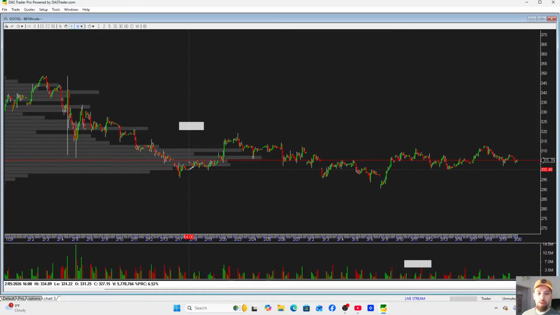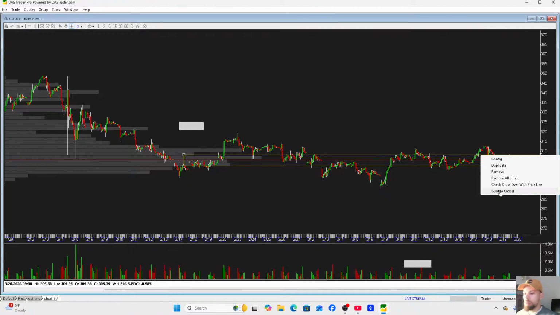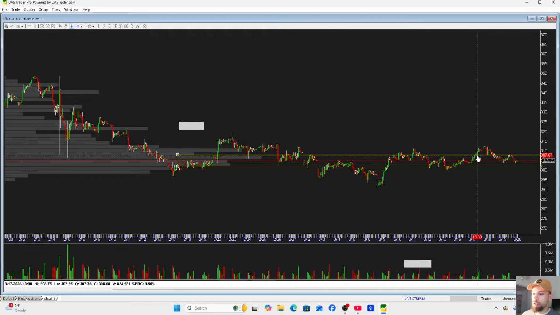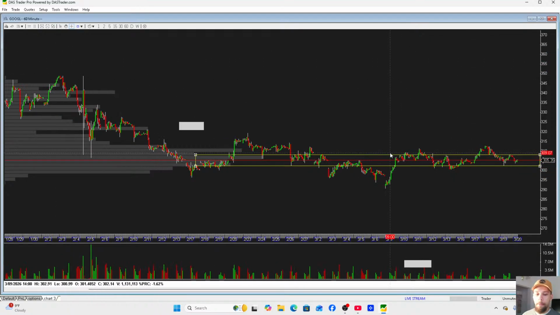See a lot of volume happening between 301 and 311. So 300 seems to be a pretty significant area of support. So 302 is what I'm drawing. I see quite a few bounces off that level. And then for resistance here, 308 seems to be another area where we're struggling to break above as well. So we'll watch price action around there. See what the stock would like to do.